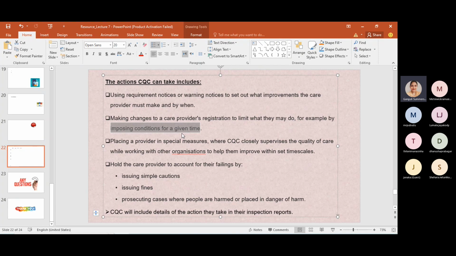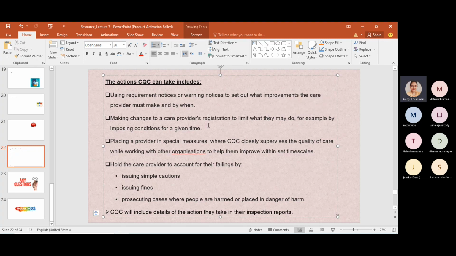Likewise, the CQC can make changes to care providers' registration. CQC can limit what the professionals and companies do by taking this kind of action.